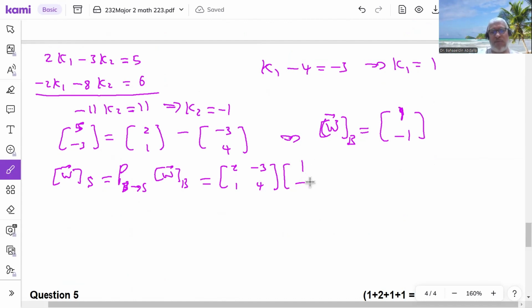Multiply by WB, then WS would be 2 plus 3, 1 minus 4.